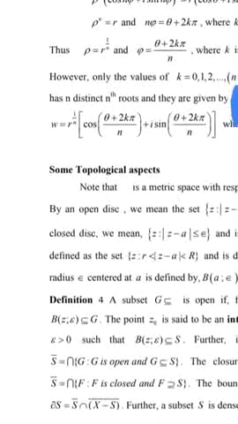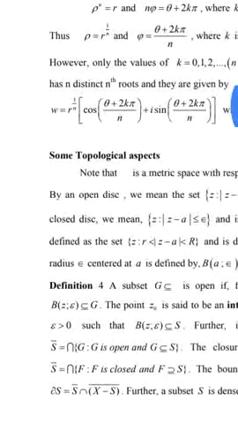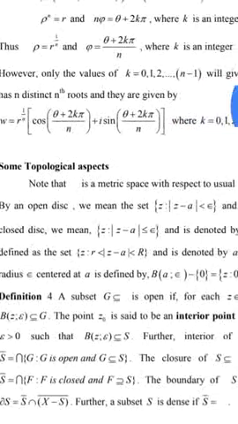Thus rho = r^(1/n) and psi = (theta + 2k pi) / n, where k is an integer.